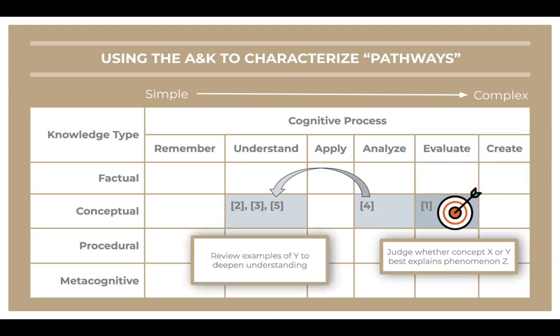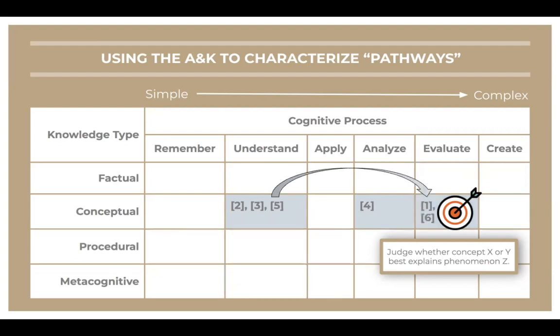And so they go back and they look at examples of Y. And then finally, they go back to the original page and they keep it checked. Hopefully that makes sense. There's a trajectory that they follow towards an objective. And so what we're trying to do is understand what that trajectory looks like.